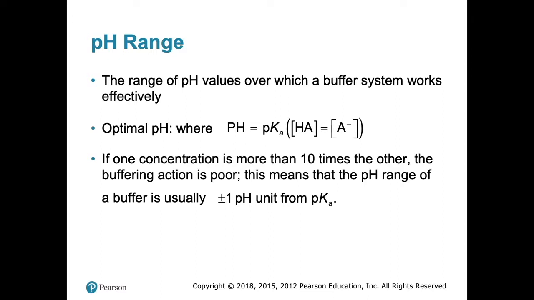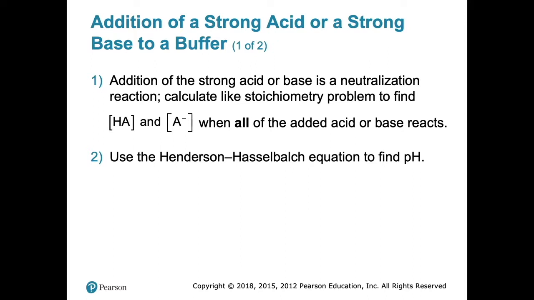Does that make sense? When we have buffers, we can do things like add strong acids, right? Or a strong base to a buffer. And what's supposed to happen is that the pH shouldn't change that much, right? The buffer has a 1 pH unit buffering region that keeps it so that there's not these big pH changes, right?